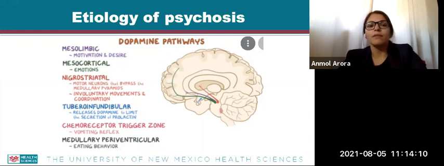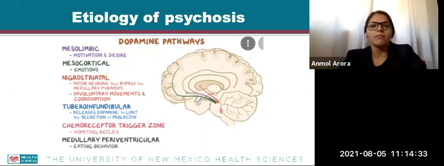Impairment of the function of the dopamine pathways is proposed to be the underlying characteristic of the symptomatology of psychosis and why people present with the positive and negative symptoms. Now, there are several different pathways. The most important ones that I like to chat about are the mesolimbic and the mesocortical.